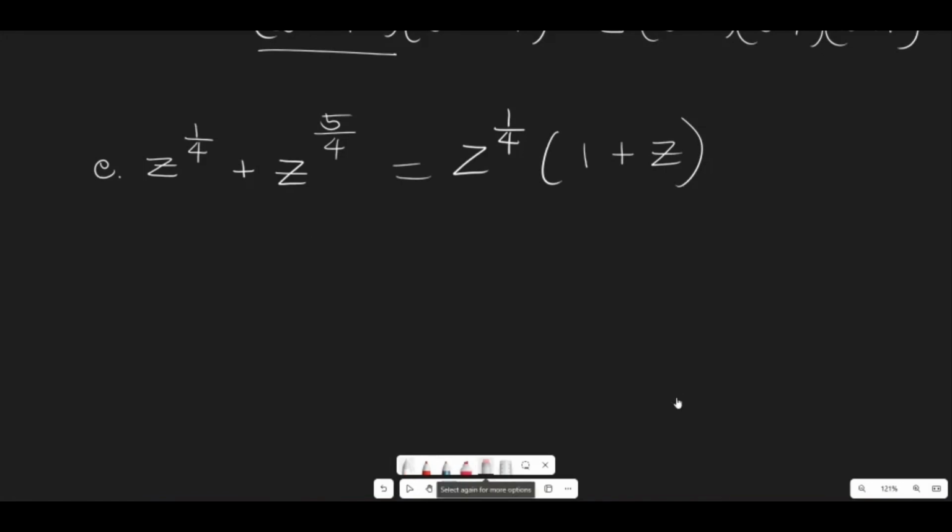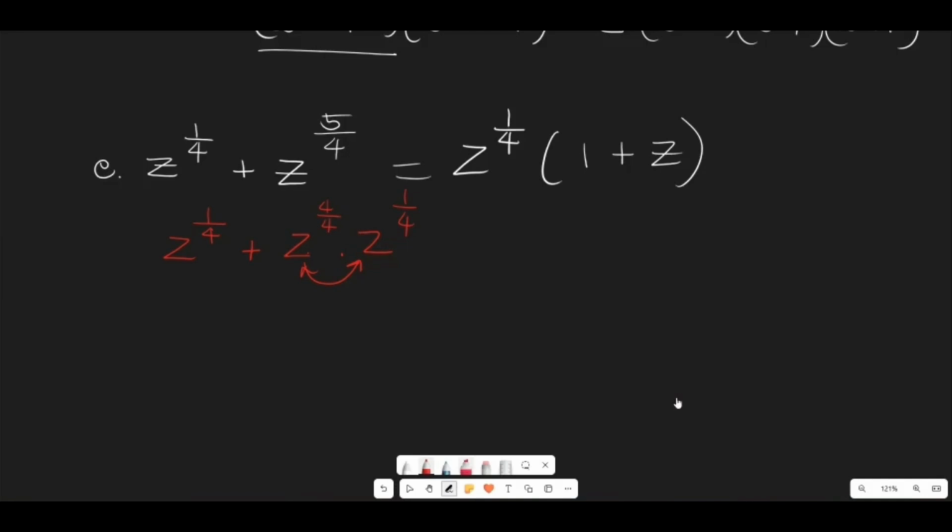We can rewrite this thing as z to the power of 1 over 4 plus z to the power of 4 over 4 multiplied by z to the power of 1 over 4. Do you guys agree that we can write it like this? Because when we multiply these two together, it will give us the 5 over 4 when we add the exponents together.